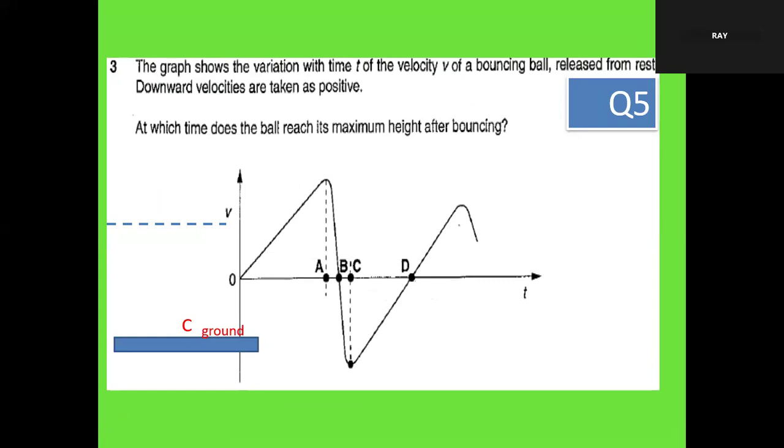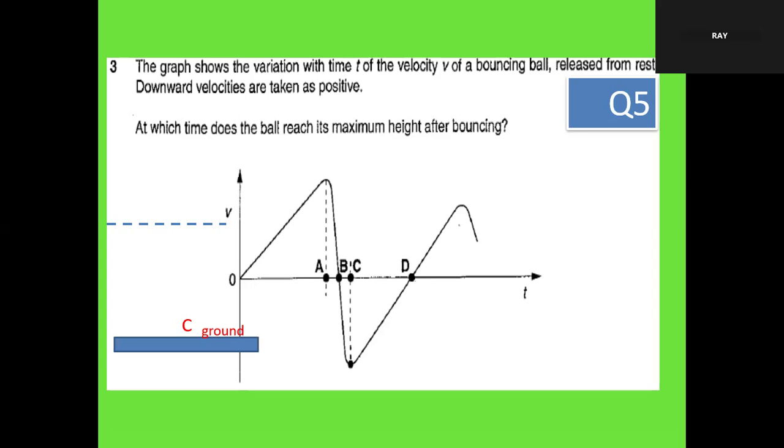This one you need to know your physics well. Maximum height after bouncing is A. No, wait. Which time? At maximum height velocity is zero. Yeah, it's B. No, no.